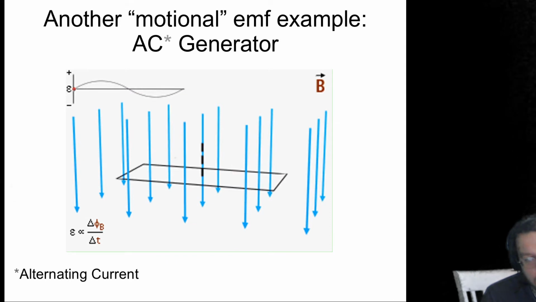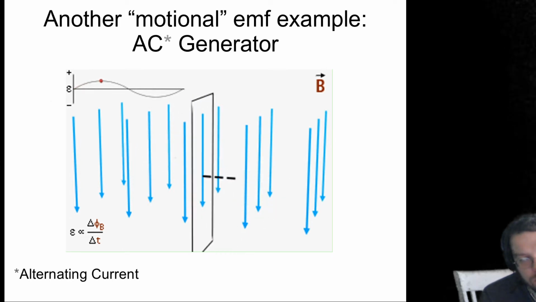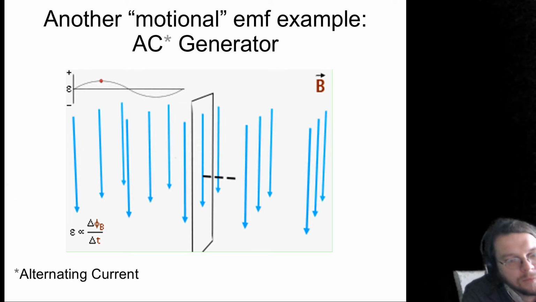When the rotating loop is perpendicular to the field lines, the flux is at its maximum. Because the flux is not changing much, the EMF is essentially zero at that point in time. When the rotating loop is parallel to the field lines, the flux is zero, but the rate of change of the flux, and therefore the EMF, is at its maximum.